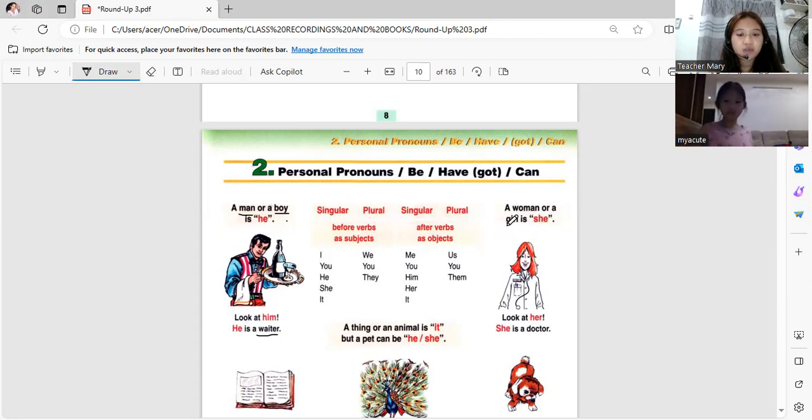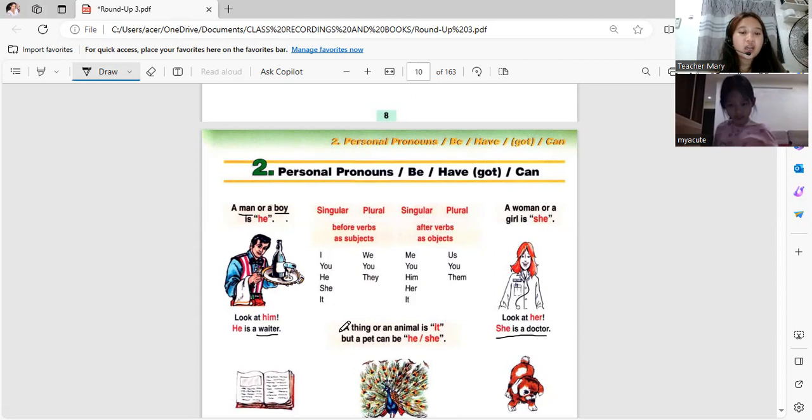For the second example, a woman or a girl is she. This is the before verbs as subjects. And for look at her, you're pointing at her. She is a doctor. So this one is now the after verbs as objects. All right?